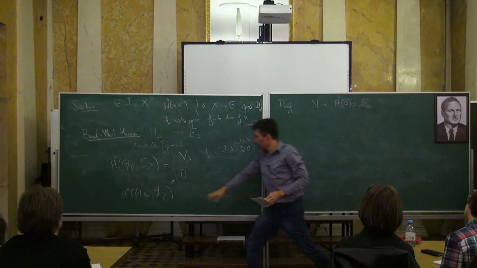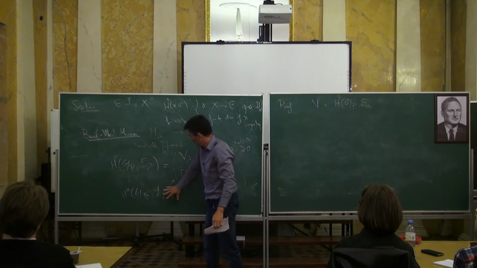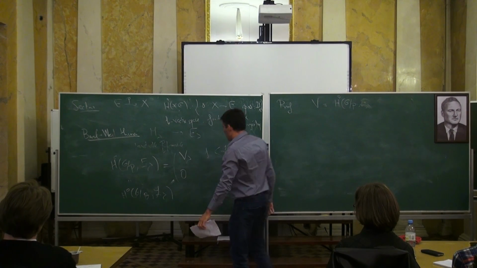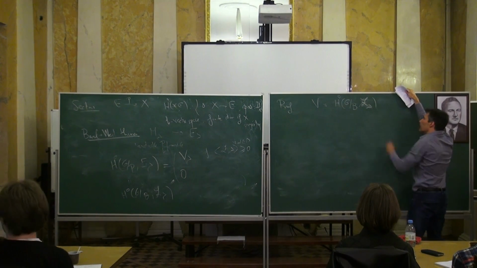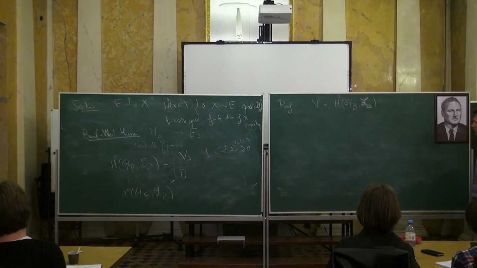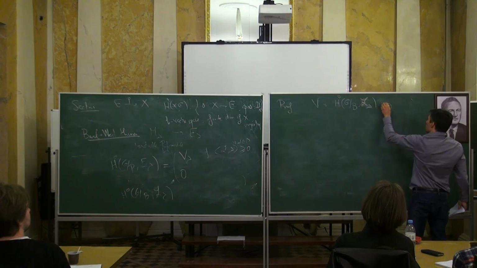If you can prove this part, the rest follows quite formally. So let's consider only this space, sections of line bundles on G mod B. And so there is this action of G.